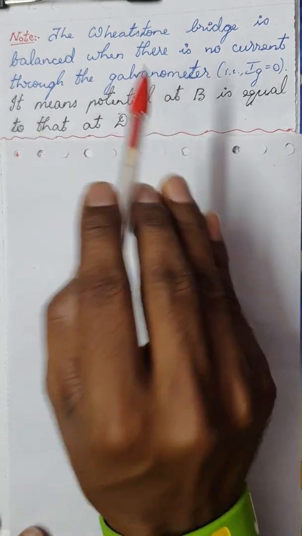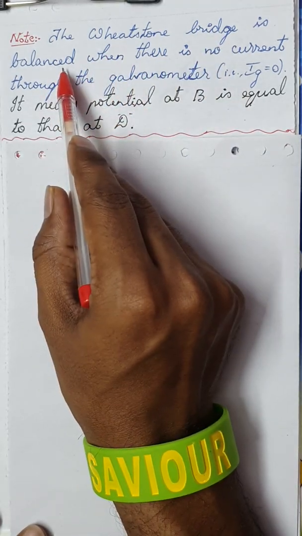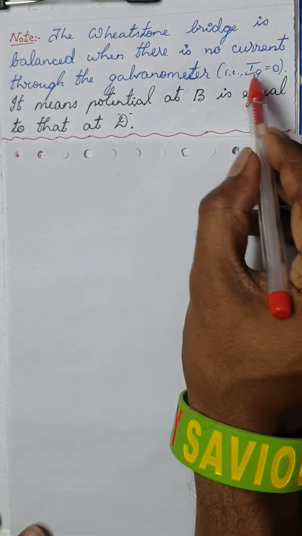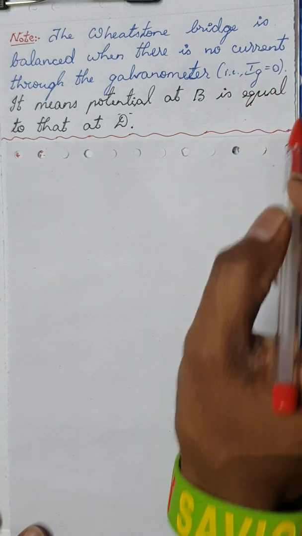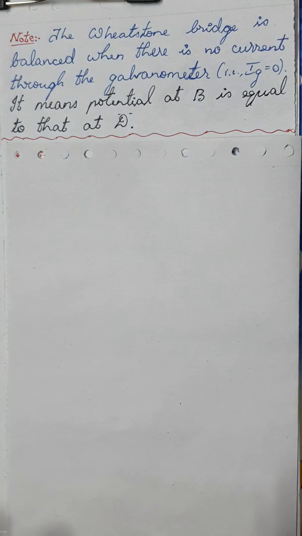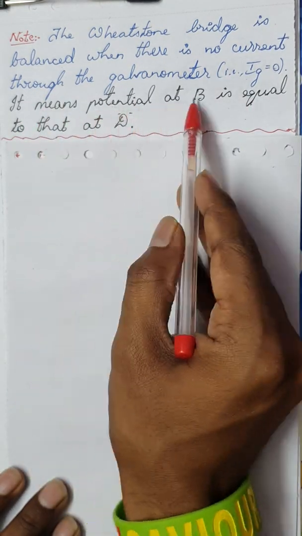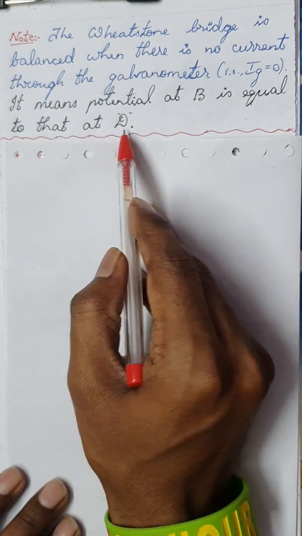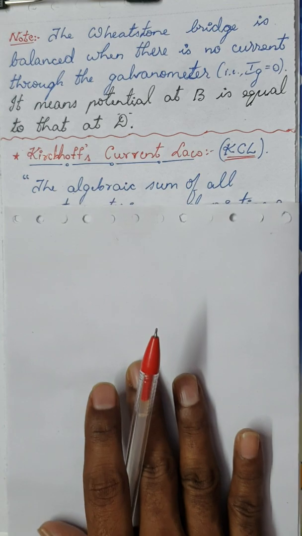Both are same. So what is the main condition for the Wheatstone bridge to be balanced? Please note it down. Ig, that is current along the galvanometer, is 0. Is it clear? And note down this point also. That means potential at B is same as potential at D. Okay. Now let's go to the Kirchhoff's laws.